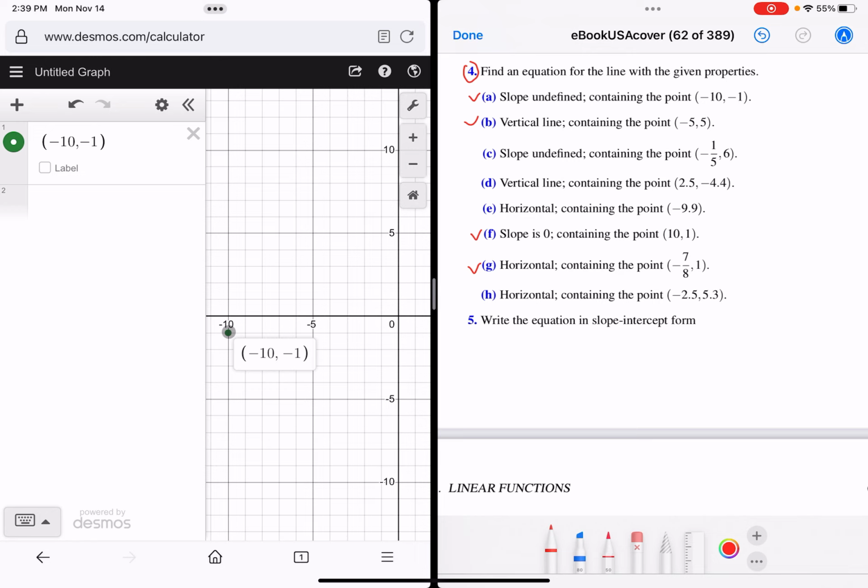Now, undefined means what? Undefined means no run.